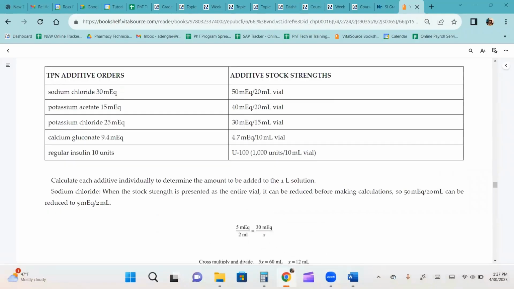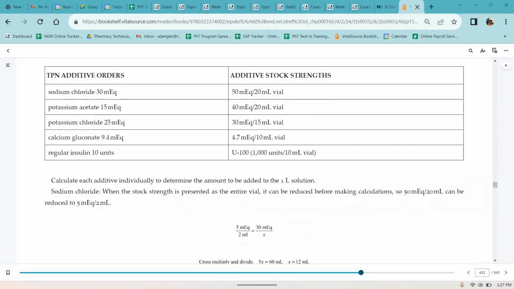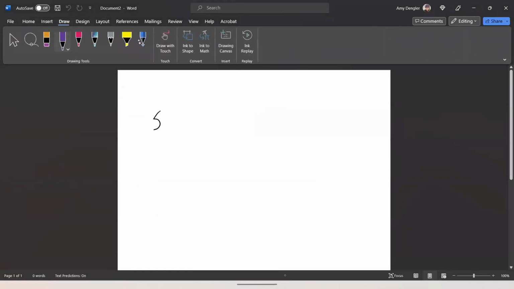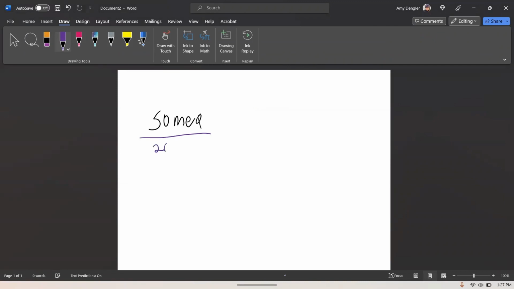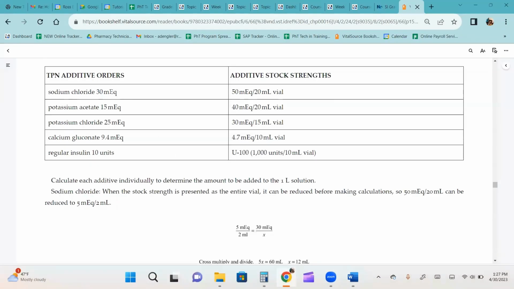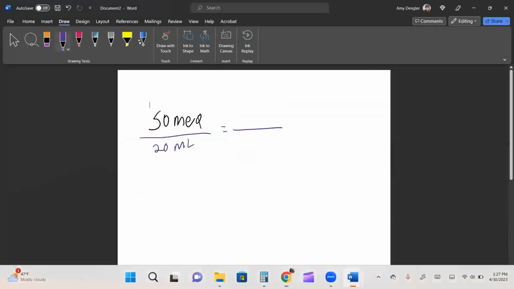So for sodium chloride, the strength of the vial is 50 milliequivalents per 20 ml. So we're going to do this for every single problem. So we're going to have the strength of the vial and then the amount of the product. We're always going to be looking for the ml.